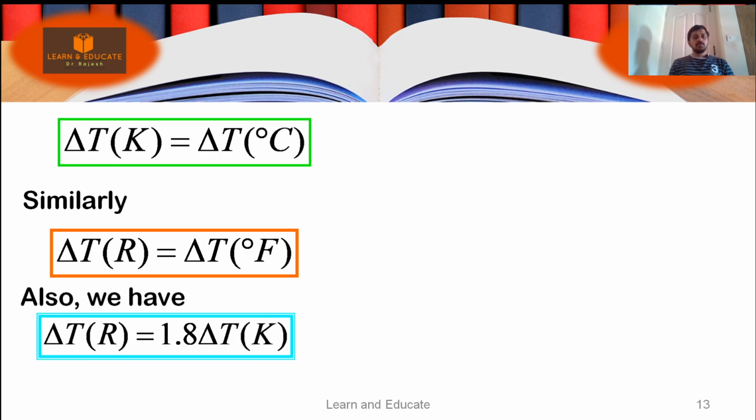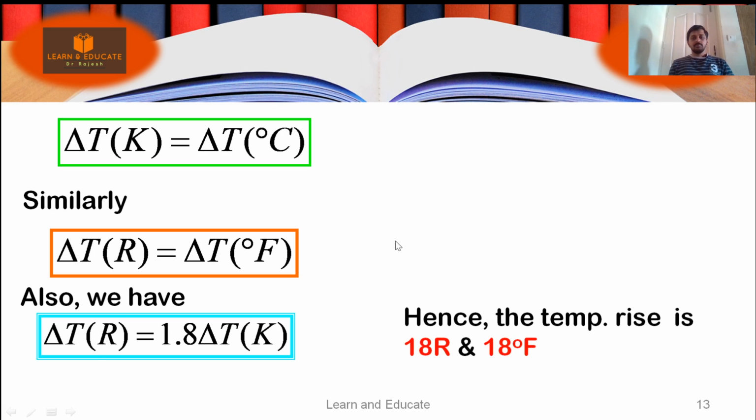Now, also, if you proceed in a similar way for the same temperature difference delta T of 10 degrees Celsius, you will arrive at this relation: delta T in Rankine is equal to 1.8 times delta T in Kelvin. Thereby, you can express the temperature rise in the above example as 18 Rankine and 18 degrees Fahrenheit.